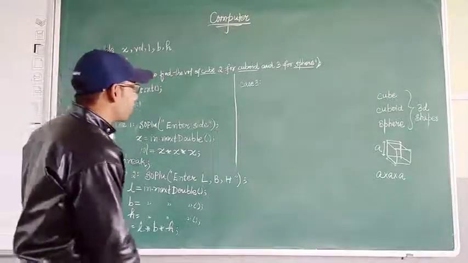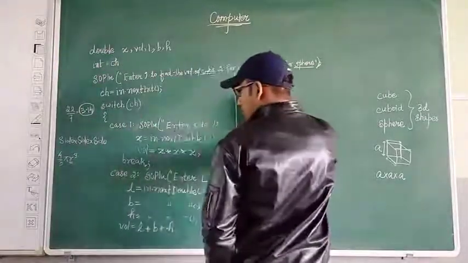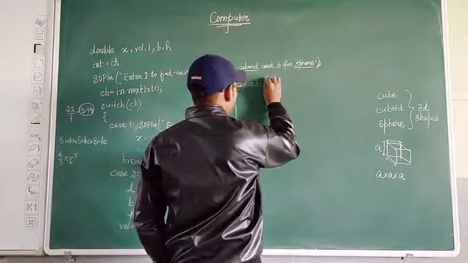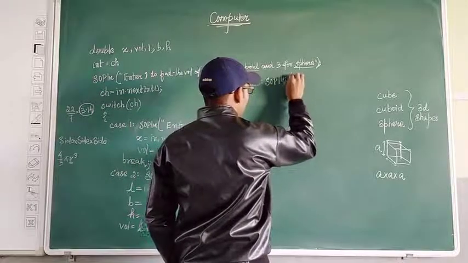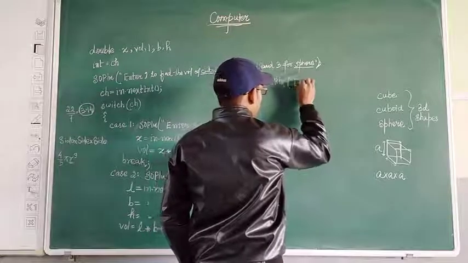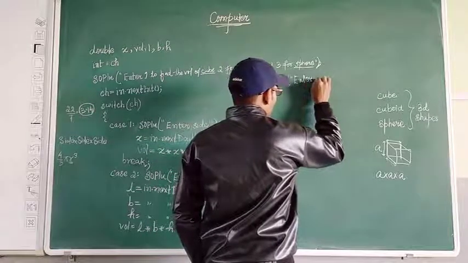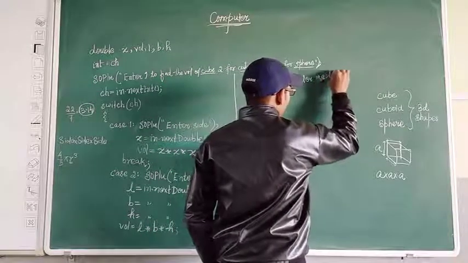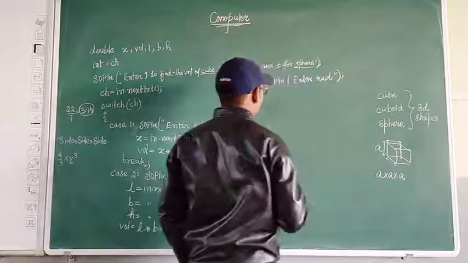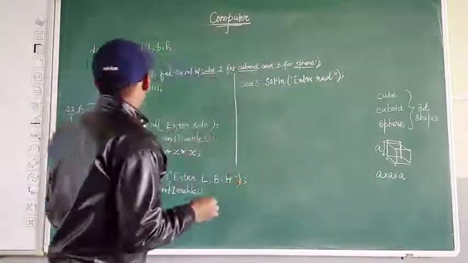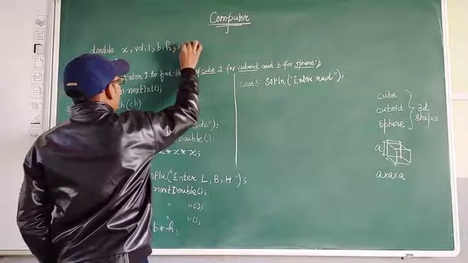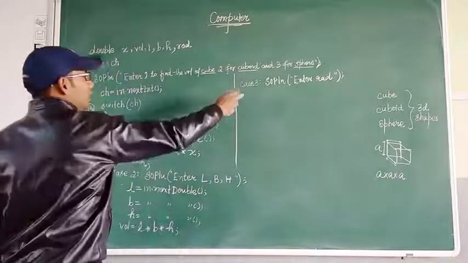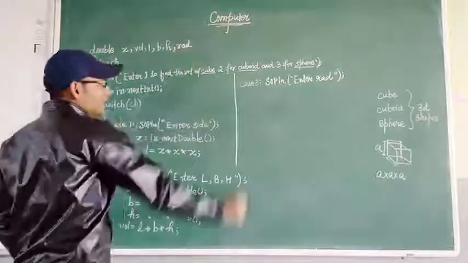So, what should I ask from the user? Radius, right? System.out.println, enter radius. And we will need a variable to hold that radius, RAD.